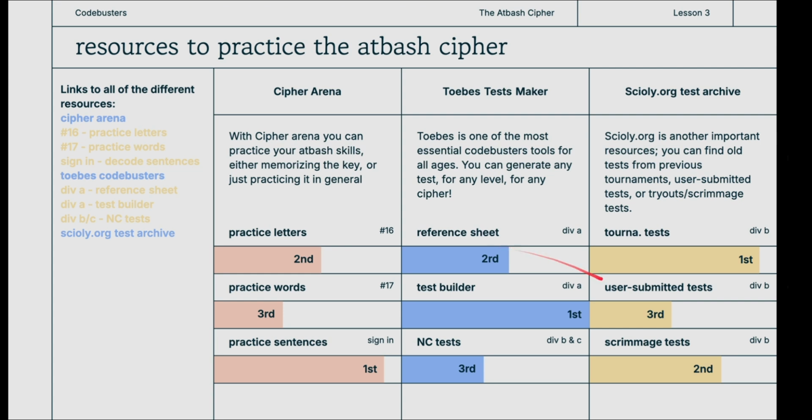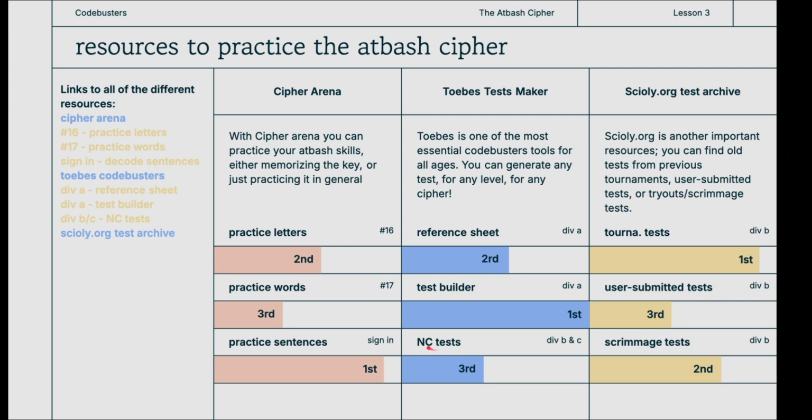So it goes in second place. And then the test builder is first place, obviously, because that way you can generate tests and you can practice those tests with your partners, with all the ciphers, but you can choose which ciphers you want to practice, like the Atbash cipher.